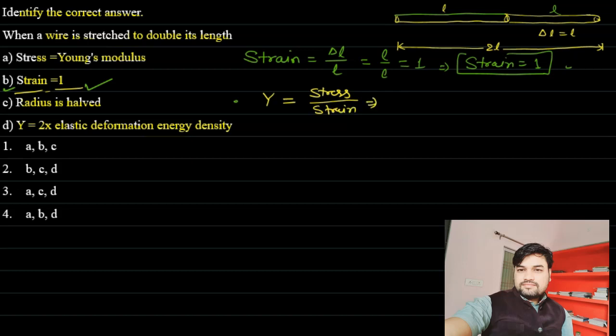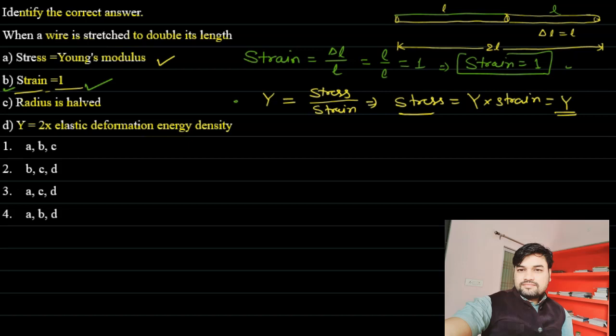So from here we can calculate stress is Young modulus times strain. Now strain is equal to 1, so stress will become equal to Young modulus. So stress is equal to Young modulus. This option is also correct.